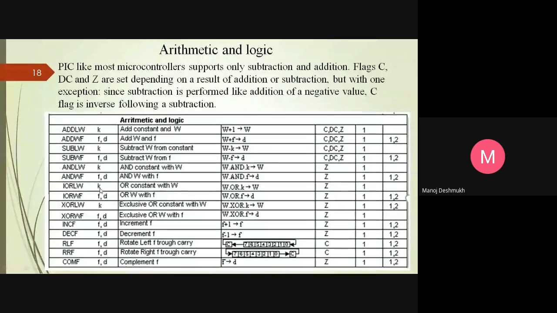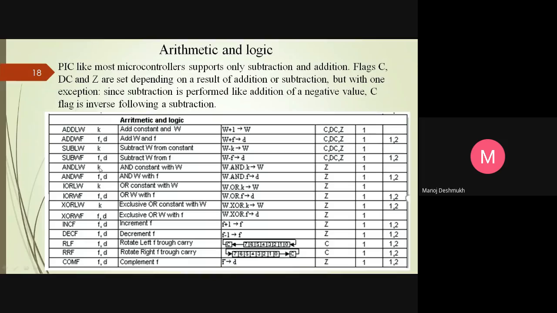So just note down the instructions. The mnemonic is ANDLW K. Whenever we use the letter L in the instruction, it will automatically consider the operand as a number. K is a constant number, that is, your literal value.